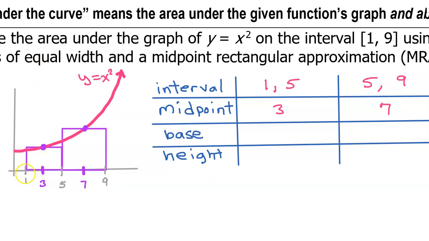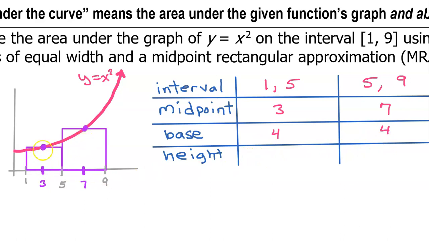We know that the area of a rectangle is base times height, so we will need the base of each rectangle. The base of the rectangle is the width of the subinterval. In each case, that's going to be 4. So the first rectangle has a base of 4, and so does the second rectangle. All we need now is the height of each rectangle.